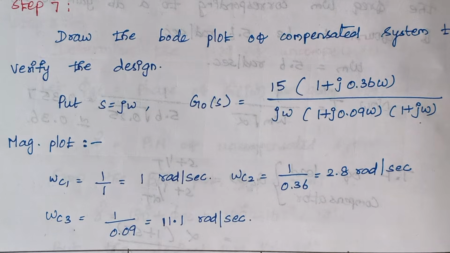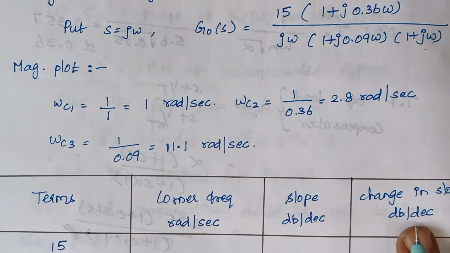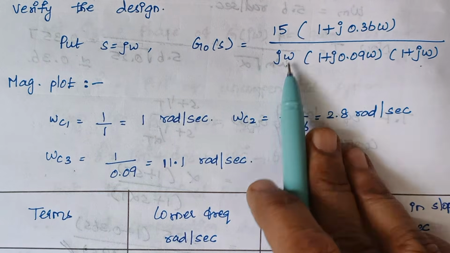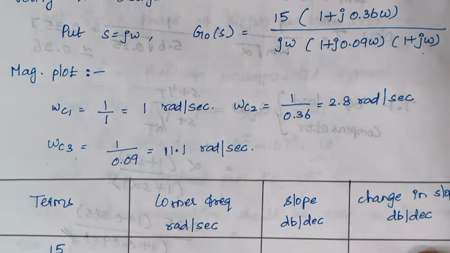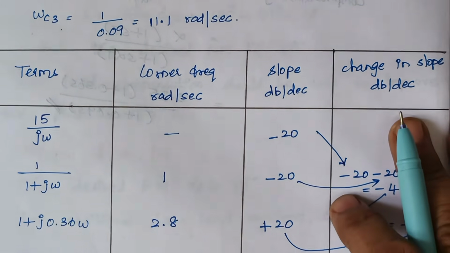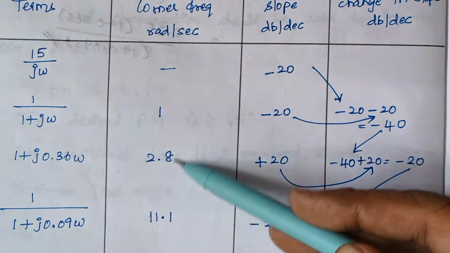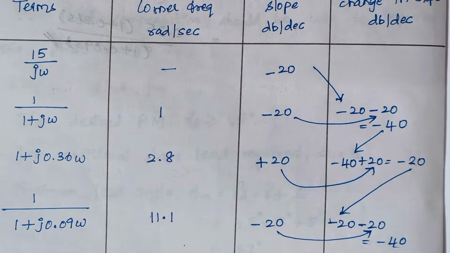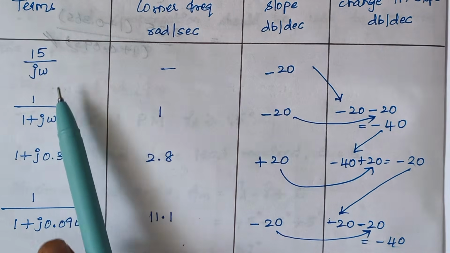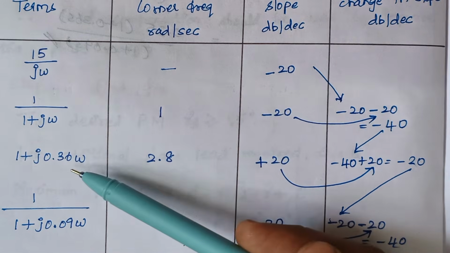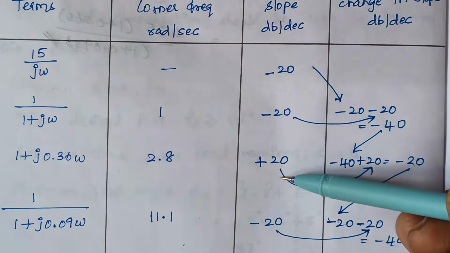The next thing is arranging the terms. The first term should be the constant with individual omega, and the rest of the terms we should arrange depending upon the corner frequencies, that is, in ascending order of corner frequencies. This is very, very important. Again, the next thing is slope. Omega in the denominator contributes minus 20. Here omega is in the numerator, so this contributes plus 20.